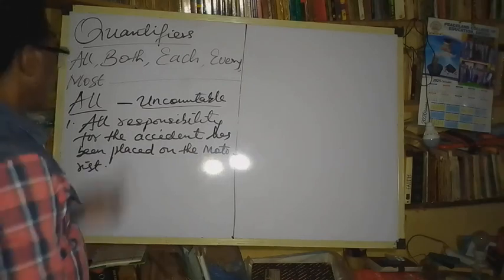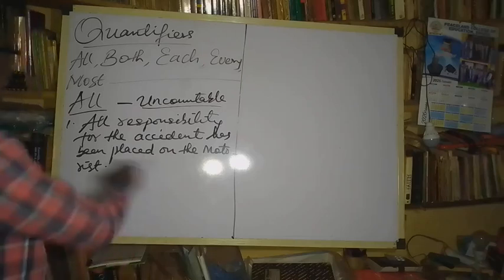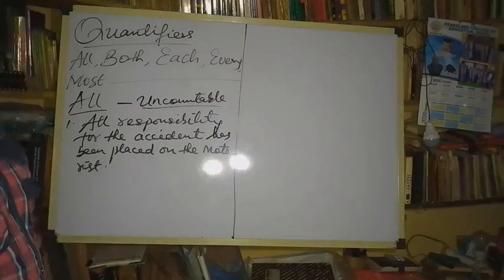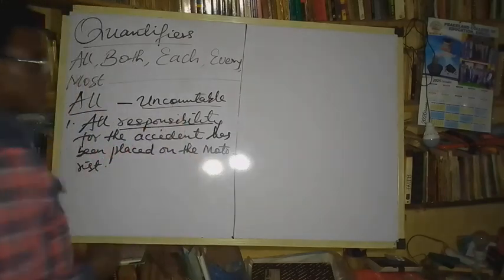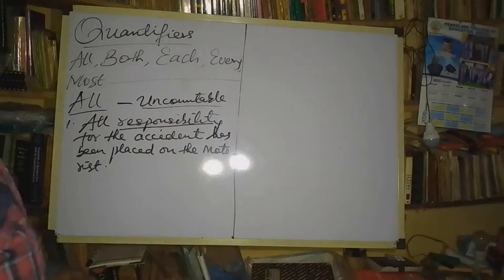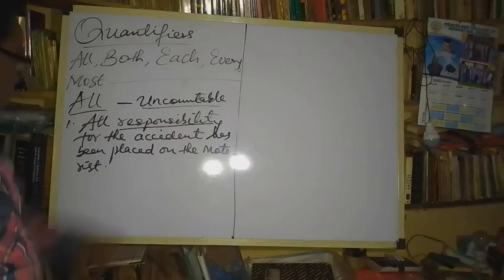It says, all responsibility for the accident has been placed on the motorist. In this example, responsibility is an uncountable noun. So, all is used with an uncountable noun in this example.